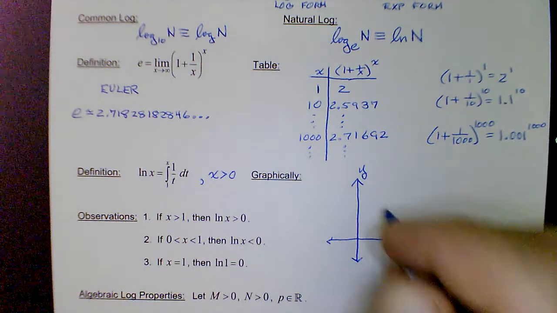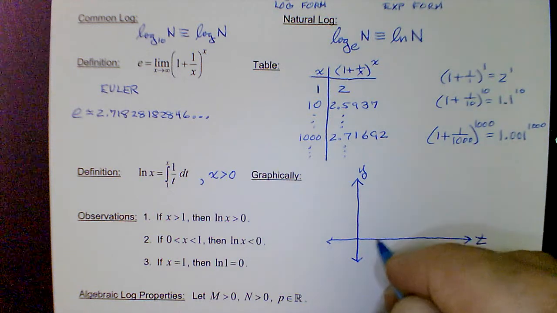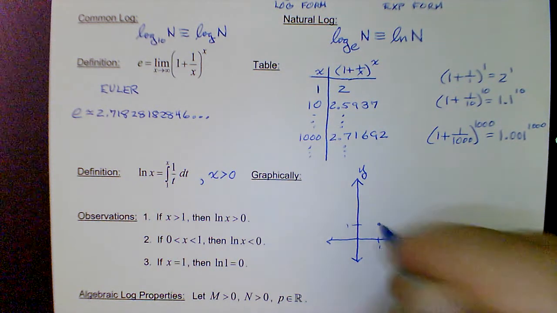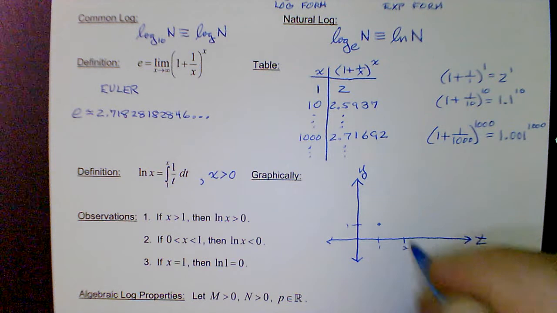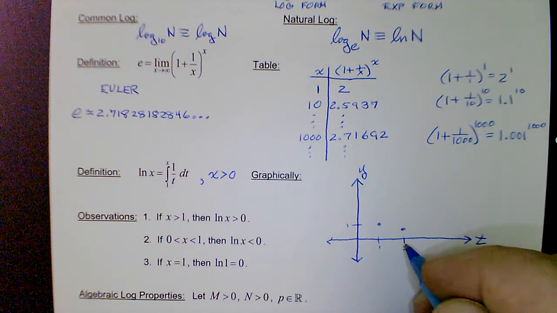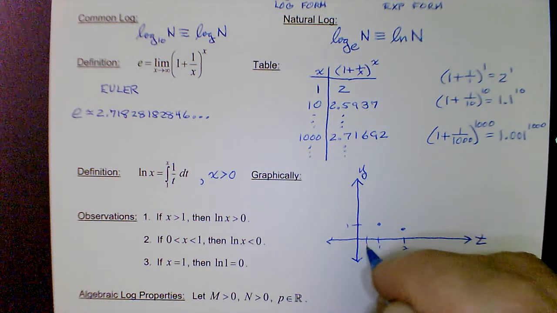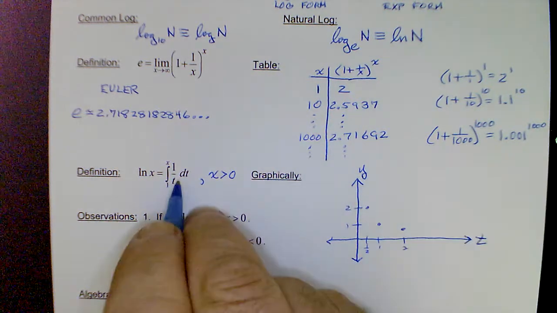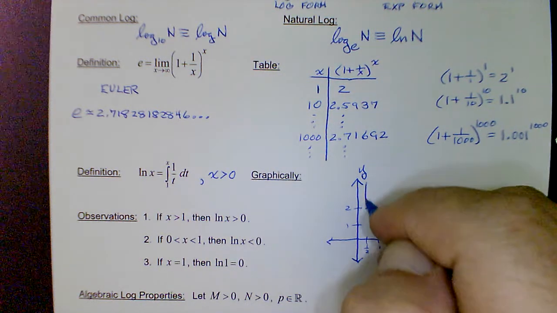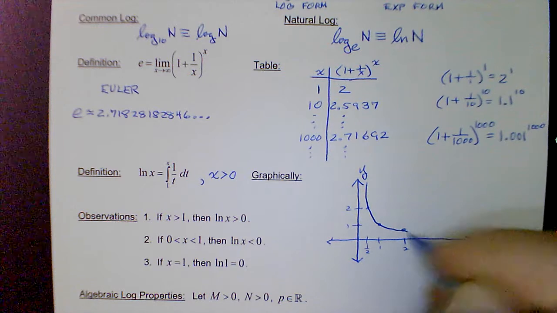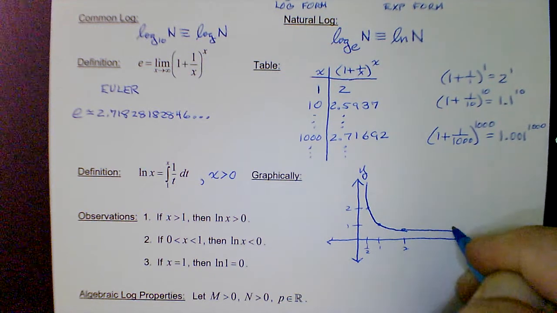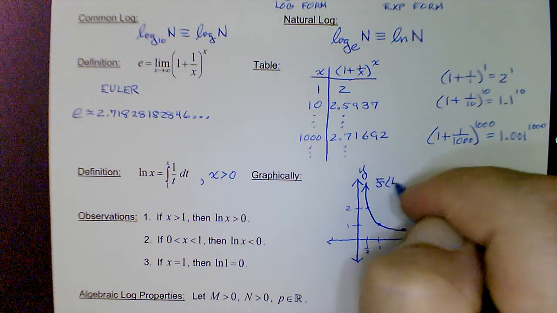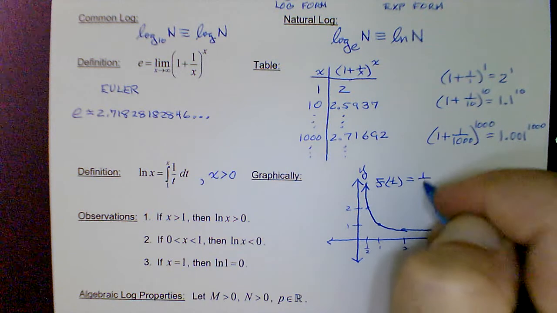If we graph 1 over t, you can pick points if you want, like if you pick 1, 1 over 1 is 1, pick 2, 1 over 2 is 1/2, pick 1/2, 1 over 1/2 is 2. But you should know the basic graph of 1 over t. It's what we call the equilateral hyperbola. It's in the first and the third quadrants, so that's what it looks like. So here's the graph of, let's say, f of t equals 1 over t.